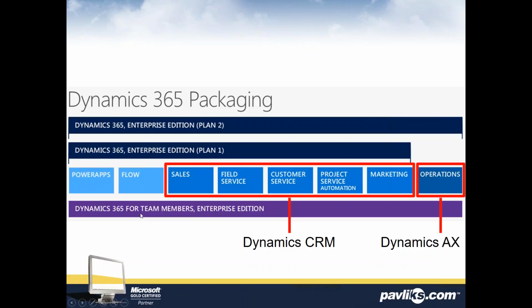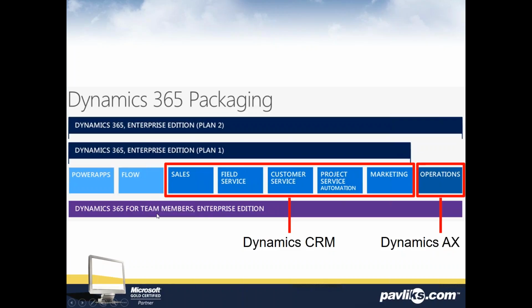There's another interesting concept that they have created in 365, which is the idea of team member access. So with these above here, with Power Apps, Flow, Sales, and so forth, when you acquire a license to these elements, then you have full access to use all the features within that app.